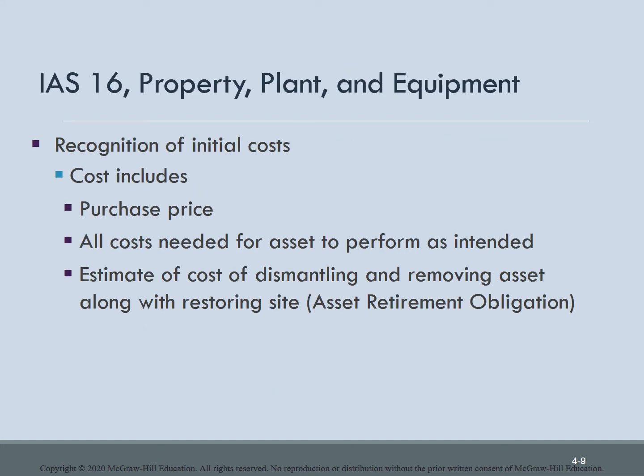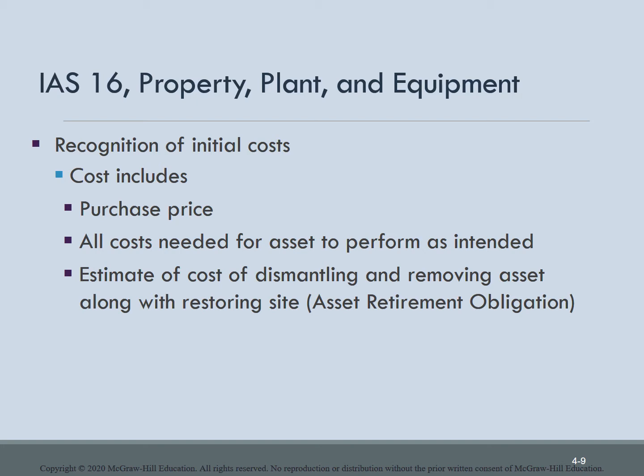So talking some about a couple of different topics in PP&E that differ between IFRS and US GAAP. Initial recognition is very similar. It's going to include your purchase price and all costs incurred to get the asset ready for its intended use.